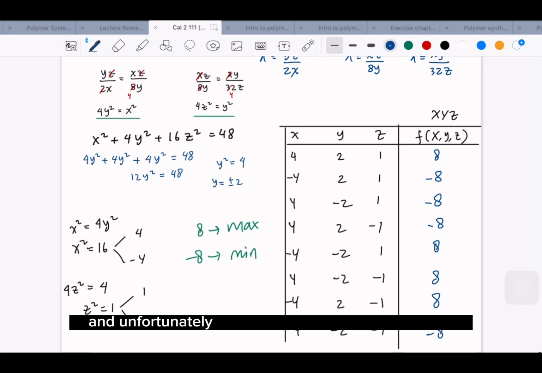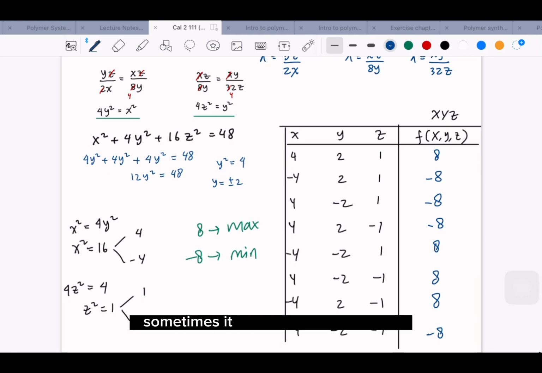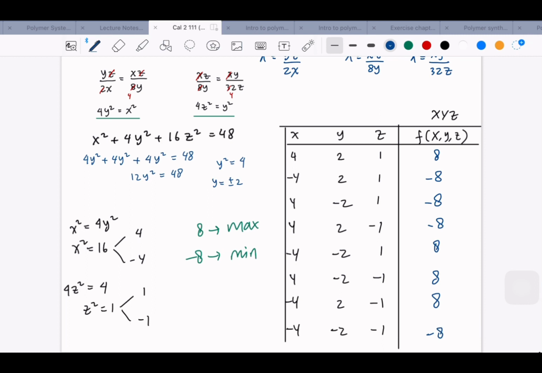And unfortunately, the platform that I'm using sometimes has a problem with this. So what I'm trying to say is a few students did not really complete the submission because the system cannot read their answer.